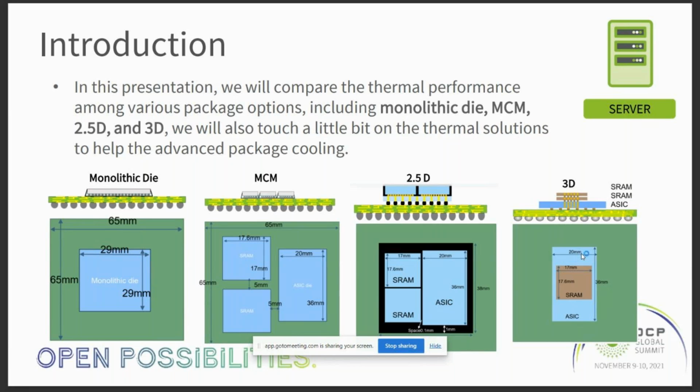I think it's not going to make a big difference because all the dies are so close to each other, and the silicon and the bumps have very good thermal conductivity. So the SRAM and the ASIC temperatures will be very close to each other, because if you look at this image, they are so close.